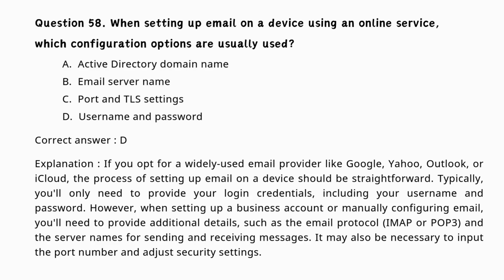However, when setting up a business account or manually configuring email, you'll need to provide additional details, such as the email protocol, IMAP or POP3, and the server names for sending and receiving messages. It may also be necessary to input the port number and adjust security settings.